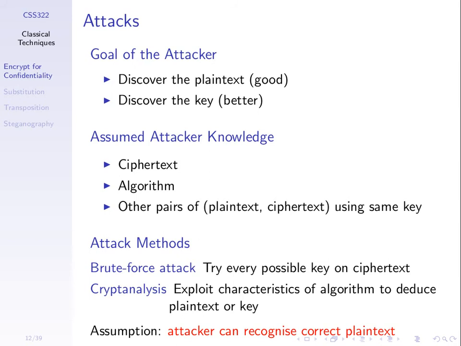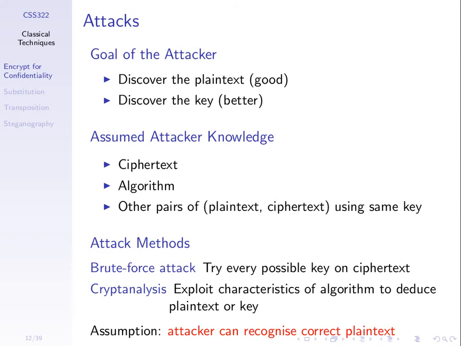It may be possible in some cases that the attacker has, of course, gained that ciphertext. Also, they may have gained what the plaintext was for that corresponding ciphertext without getting the key. If they've got the key, that's no problem. But in some cases, the attacker may learn about pairs of plaintext ciphertext without knowing the key, and then use those pairs to help them find what the key is or what future plaintext is. We'll see some examples of how that's of use and how that's possible a bit later.